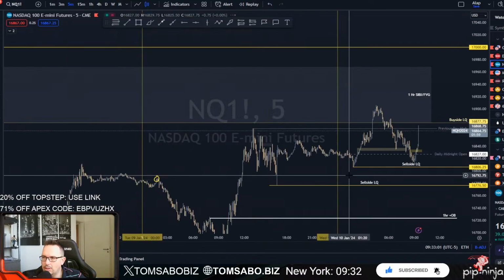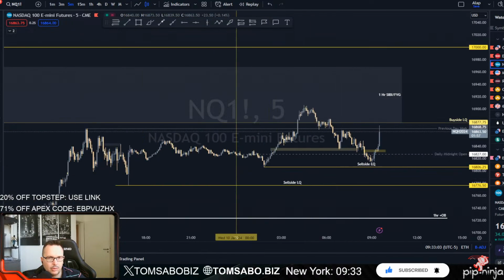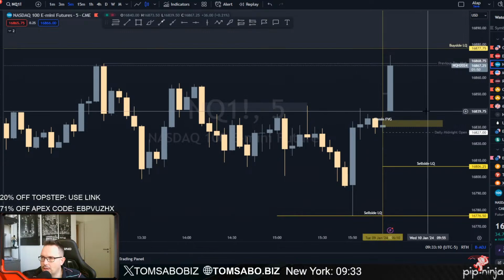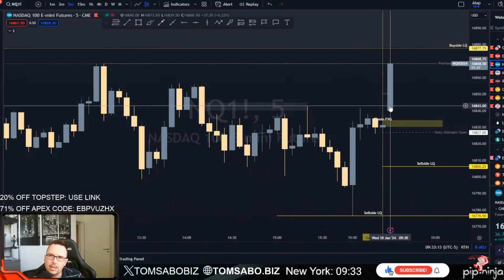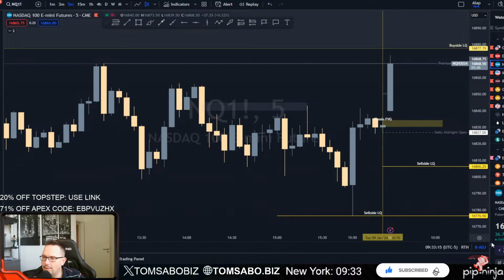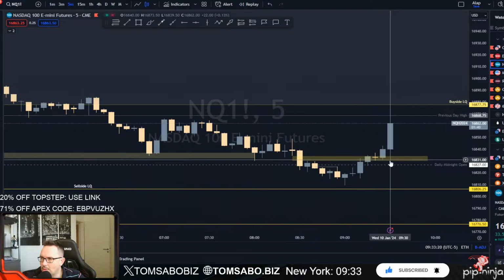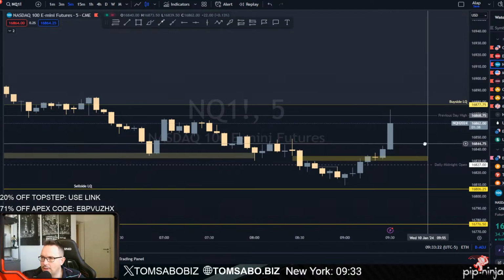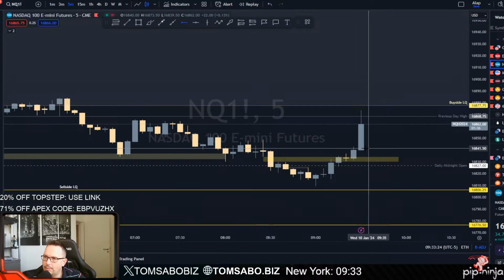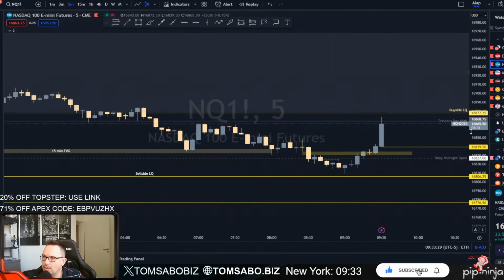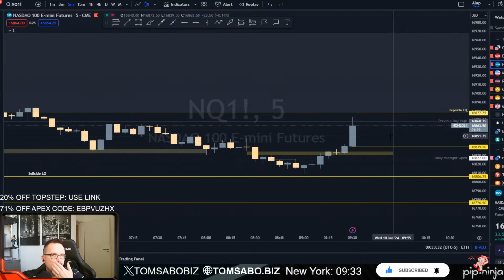The 1 hour, well, we had a 1 hour order block, right? And I didn't check the gaps. Okay, we have a gap below this candle, 39.50. We have a gap there. Are we gonna go back down to that gap? Who knows? So be careful.